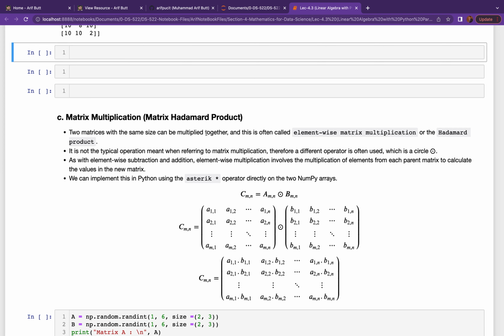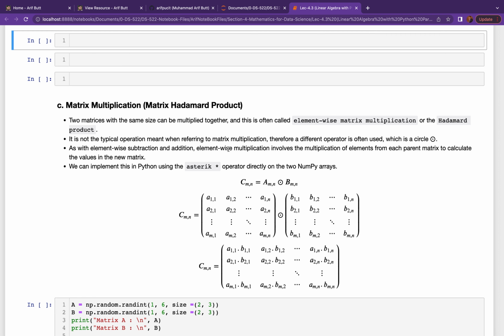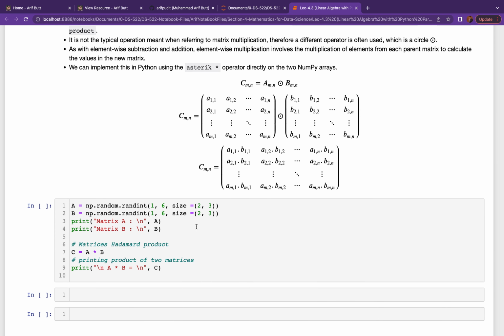Well, for Hadamard product, the two matrices must be of the same size, as it is element-wise matrix multiplication. Mathematically, Hadamard product is represented by a circle with a dot in between. And this code over here is a proof of concept which creates and then performs element-wise multiplication of two matrices of the same order.